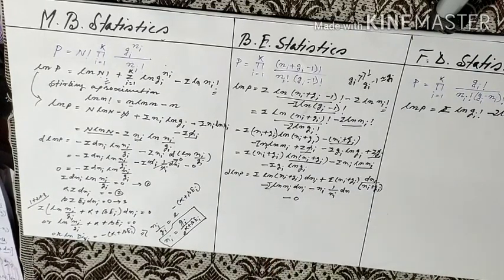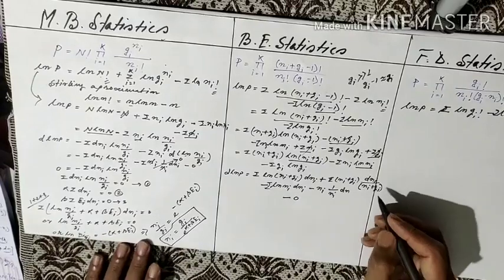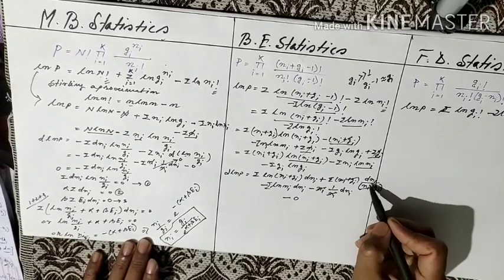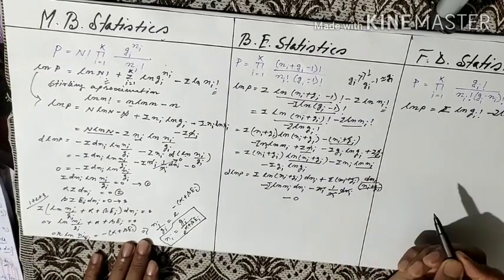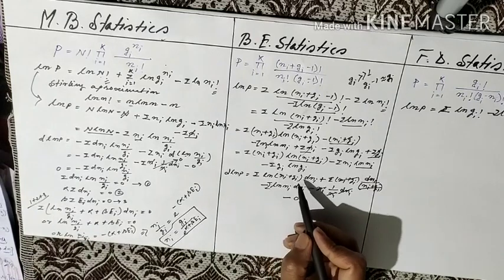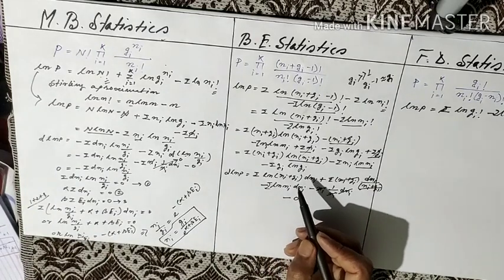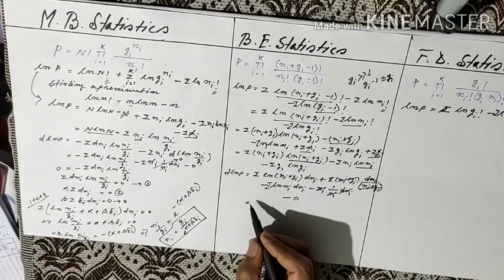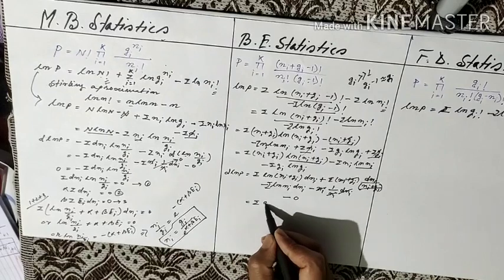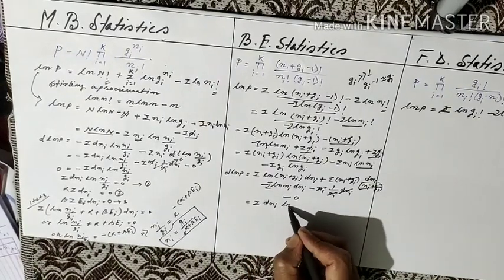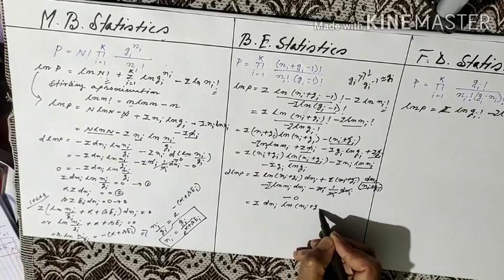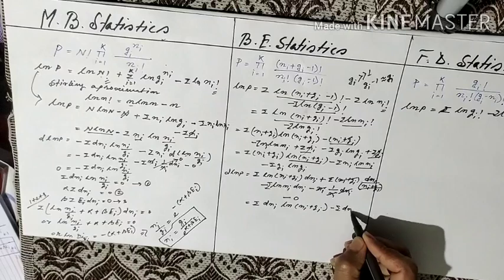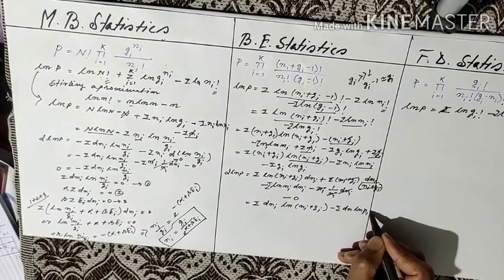Now this part will be cancelled out, so ultimately dni and dni will also cancel out, and the remaining part is only this and this. If we write once again, we get summation of dni ln ni plus gi minus summation of dni ln ni.